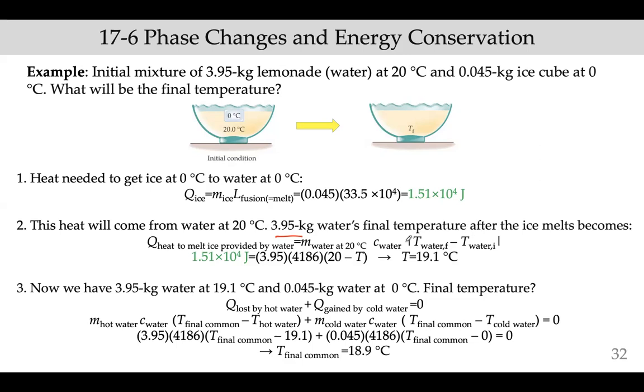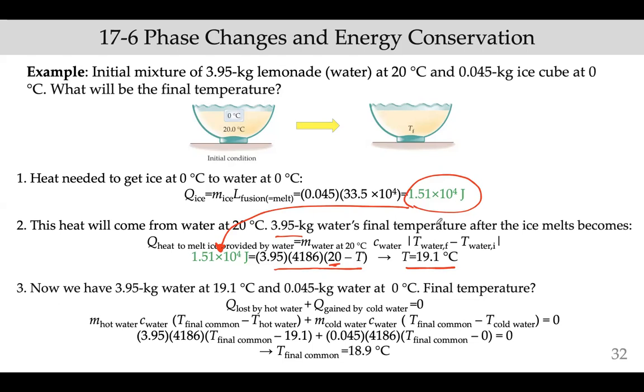We would get a negative sign, but we don't have to care about it at this point. This is the energy given by the water to the ice, so we use it on the left-hand side. If water gives out that much energy, the initial was 20, and the final water temperature becomes 19.1 degrees Celsius.